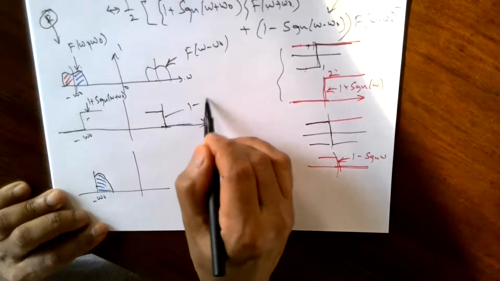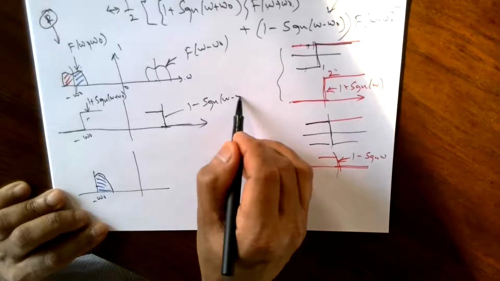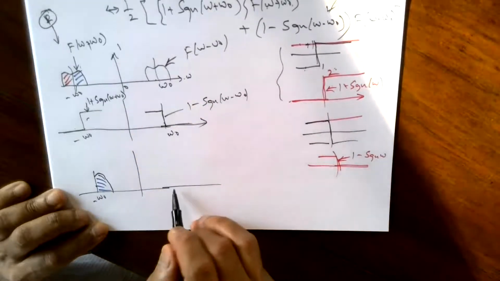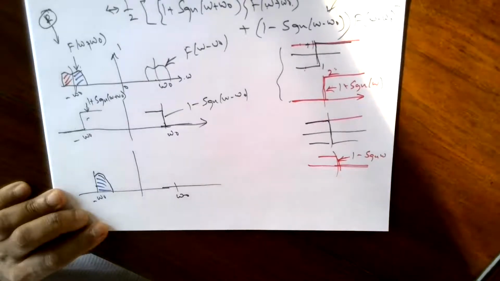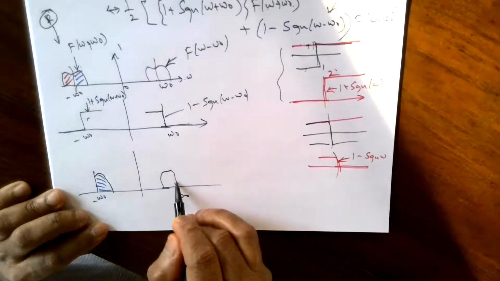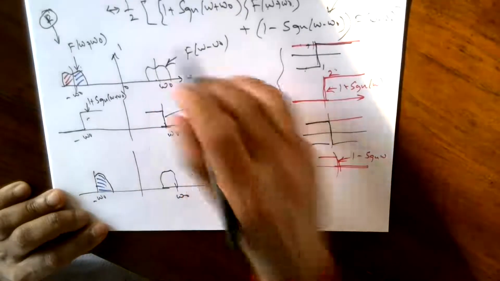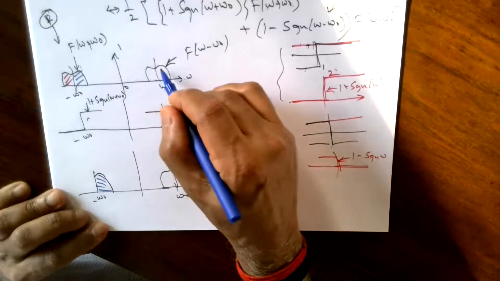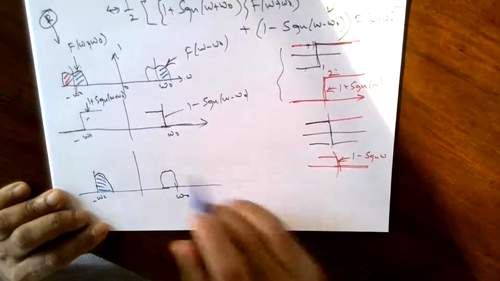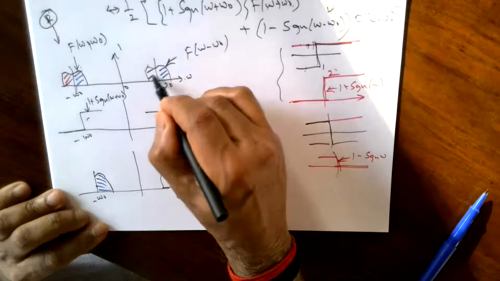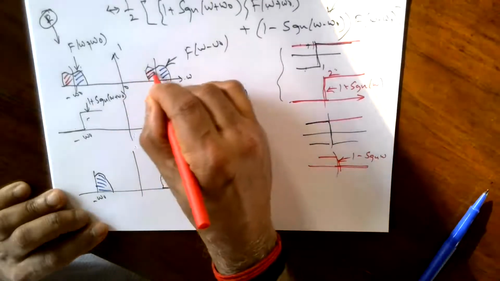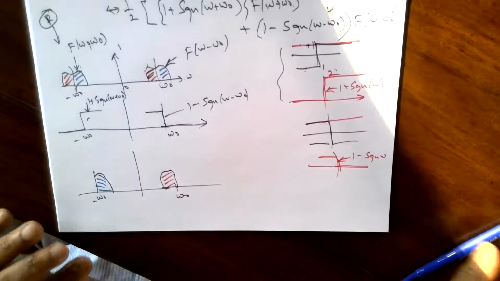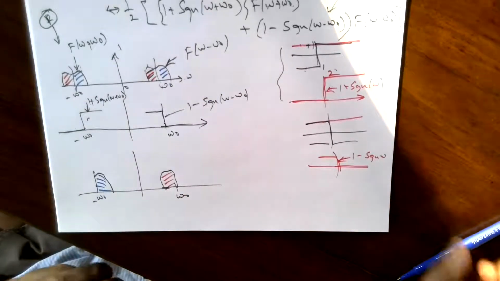When you multiply these two, you can see you are picking up the lower sideband. So this region is blue, and this is red. The lower sideband is picked up.